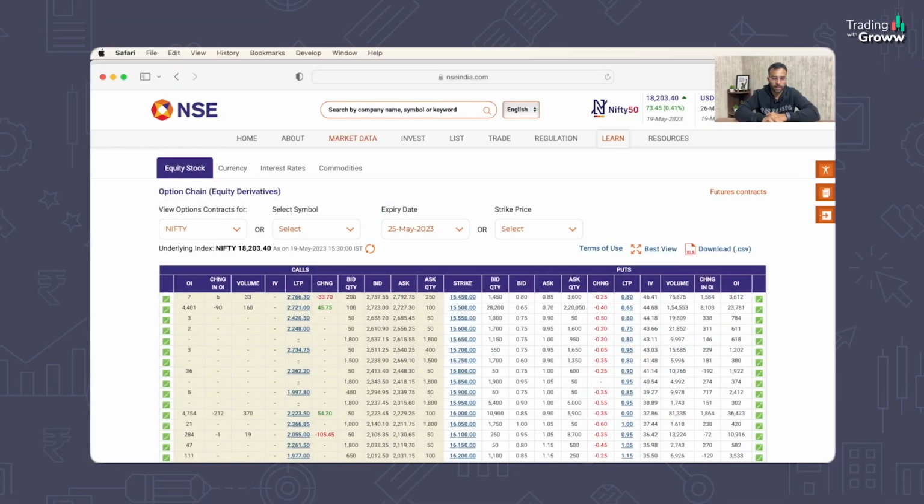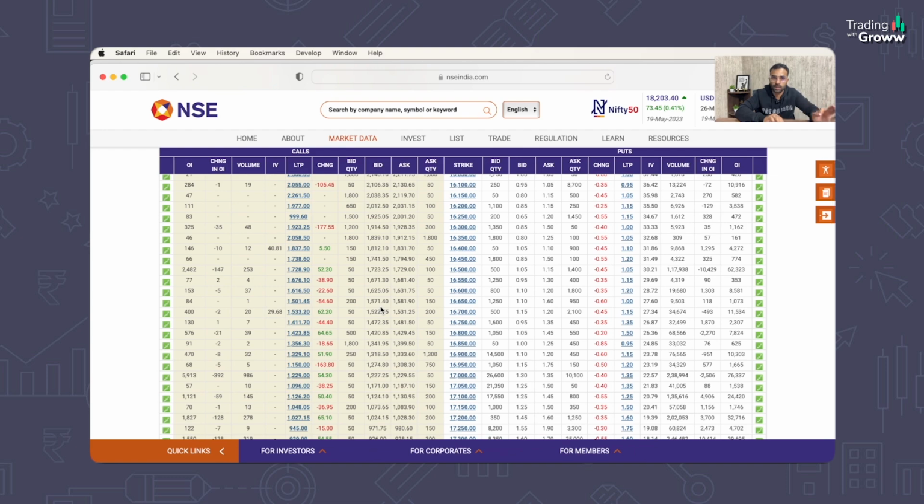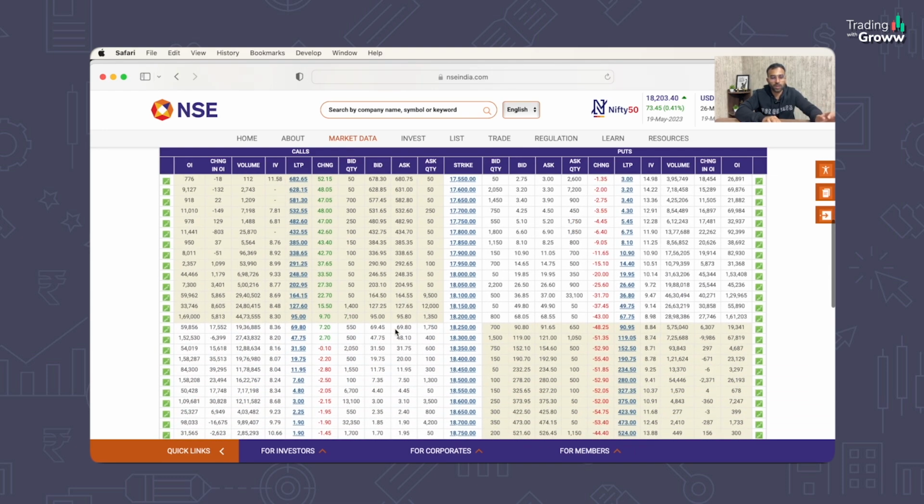Let's look at the current price of Nifty. Currently Nifty is trading around 18,200 levels. Suppose you have a bullish view that the market is going to move up further. As an option buyer, we'll tend to buy a call option. Everybody has the same bullish view, but most beginners look at the current price of each of these strikes.